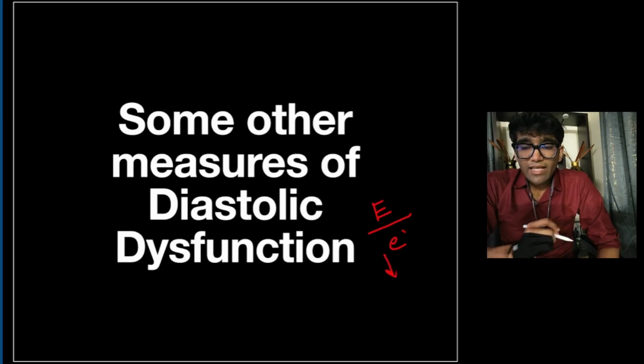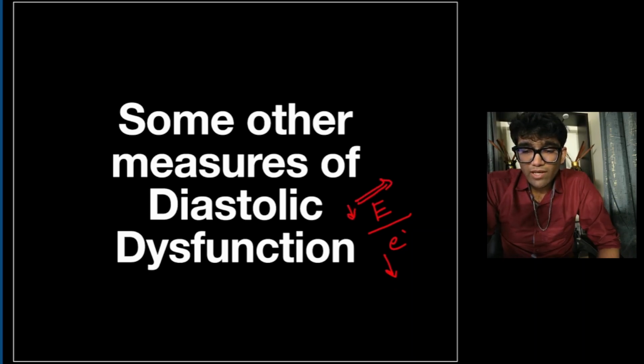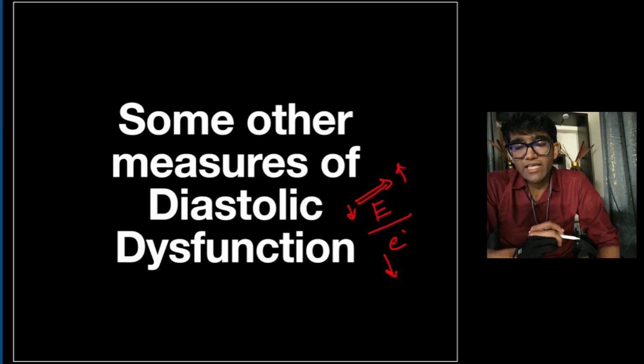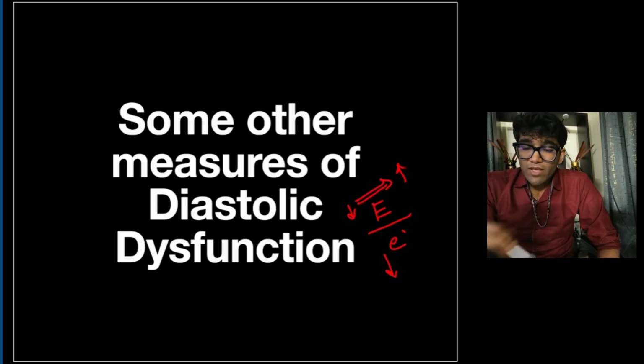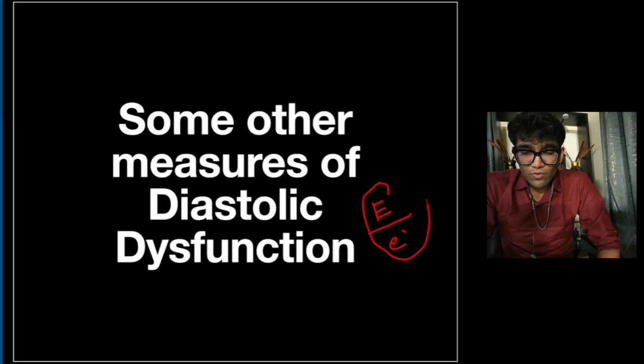And even though there is an initial reduction in the E wave, that is in grade 1 diastolic dysfunction, eventually you will have an increase in the capital E wave in the pulse wave Doppler. So actually what happens is that the ratio between the two, this ratio is directly proportional to left atrial pressure.